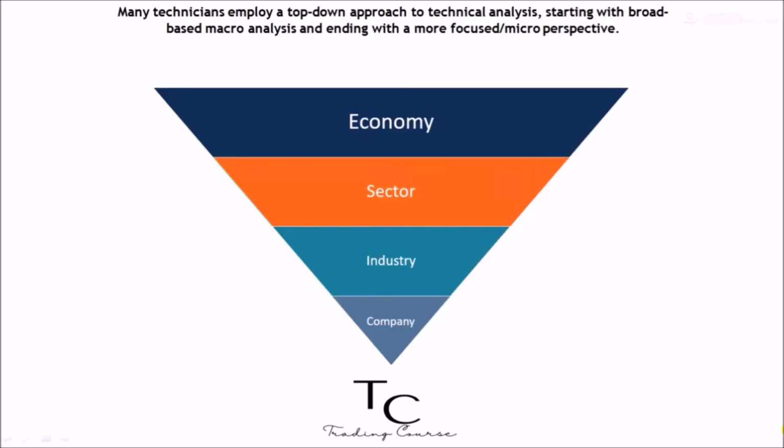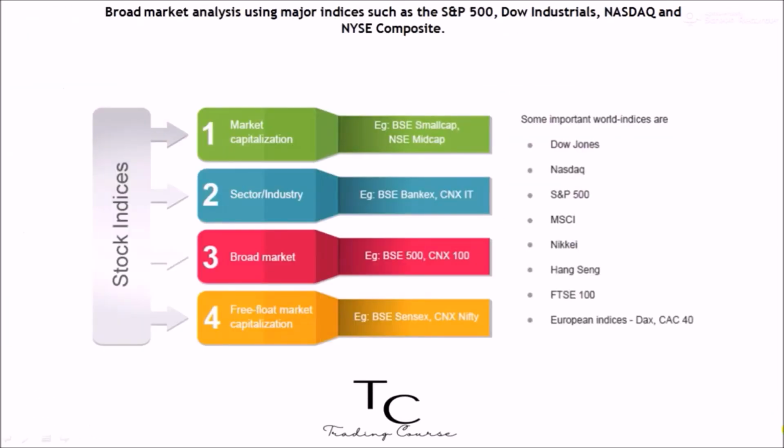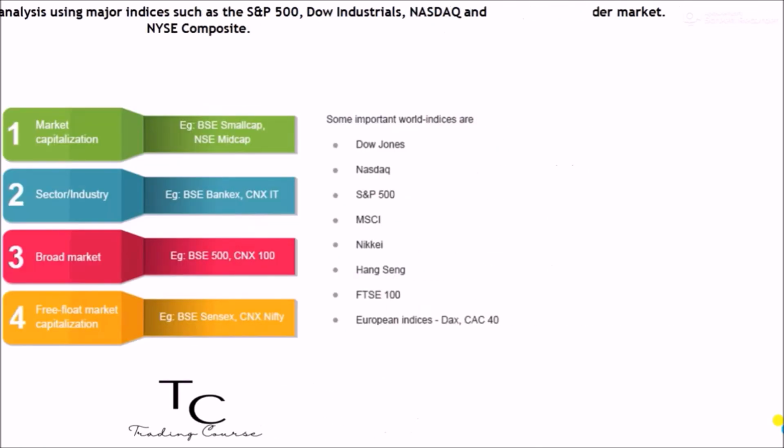Many technicians employ a top-down approach to technical analysis, starting with broad-based macro analysis and ending with a more focused micro perspective. Broad market analysis using major indices such as the S&P 500, Dow Industrials, NASDAQ and NYSE Composite.